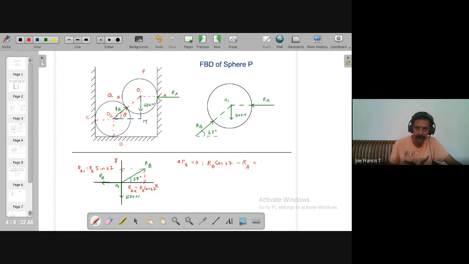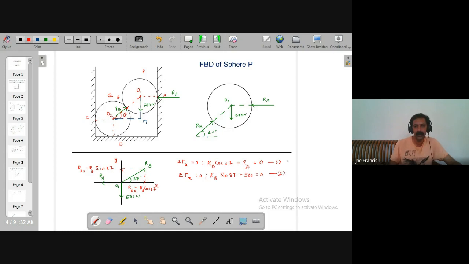This is equal to 0. You get equation number 1. Now we write sigma Fy equal to 0. In the positive y direction, you have RB sine 37 minus 500, equal to 0. You get equation number 2.